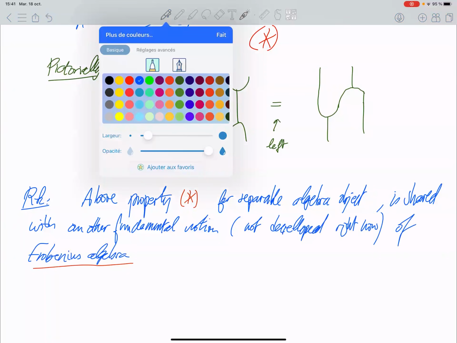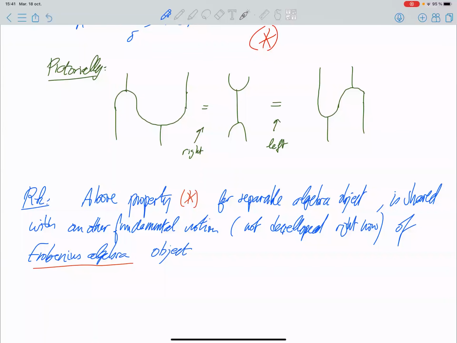So, more precisely, a Frobenius algebra object in C. What is a Frobenius algebra object?